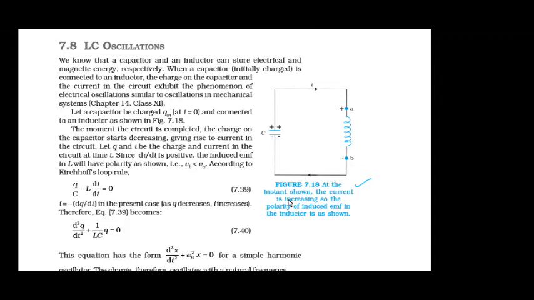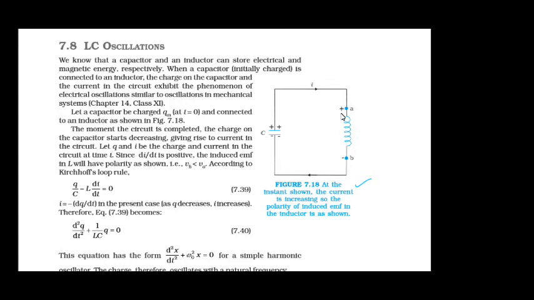At the instant shown, the current is increasing, so the polarity of the induced EMF in the inductor is as shown. Here this is the capacitor, this is the inductor.